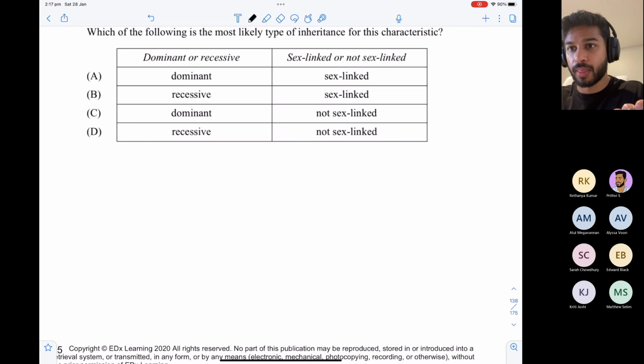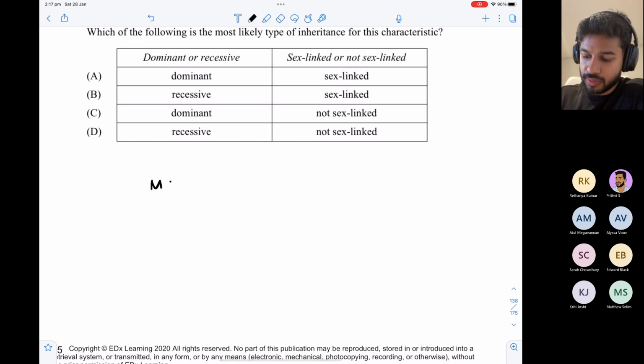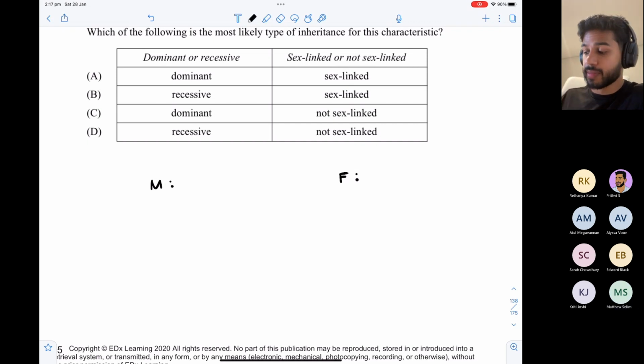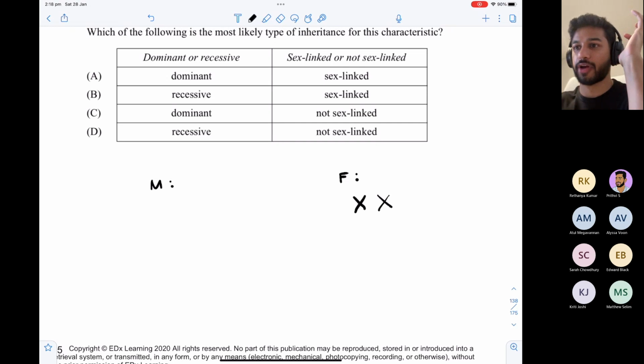Everyone agree? How many X chromosomes does a male have versus a female, Matthew? I don't remember. So, right, female is XX, right, 2 X. So I want all of you to pay attention. This is very, very high yield, right?